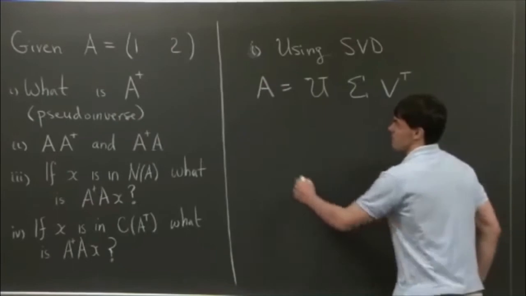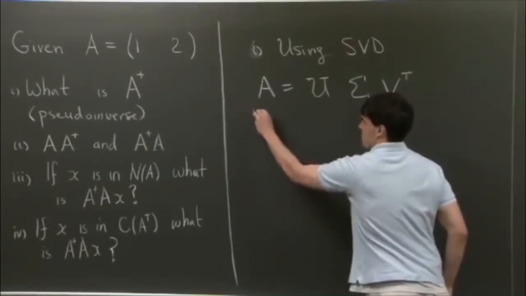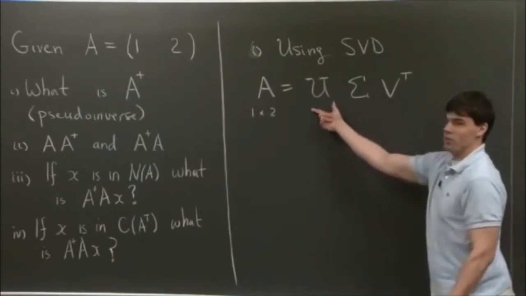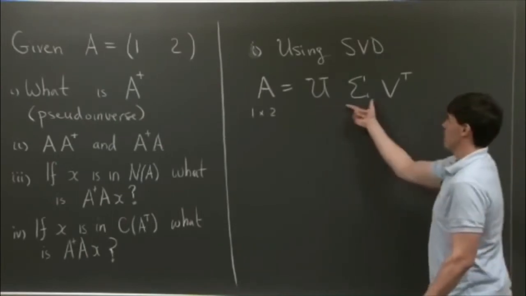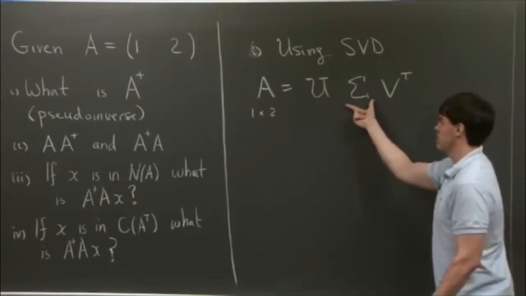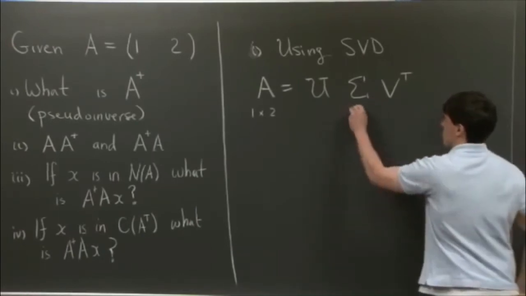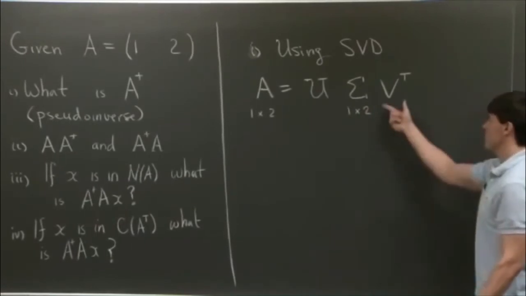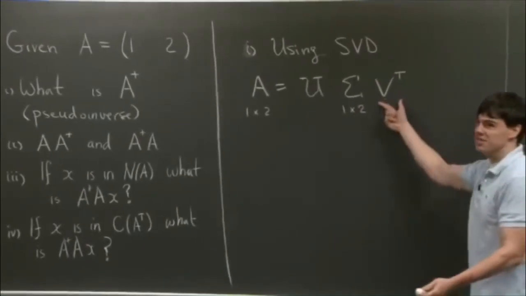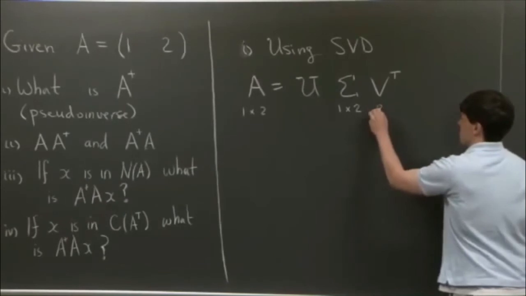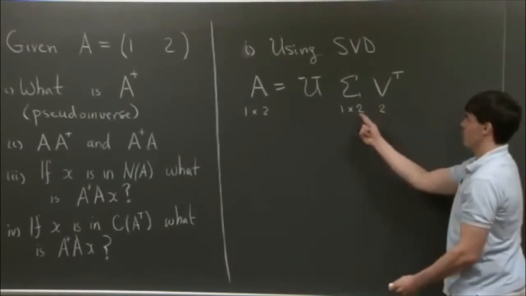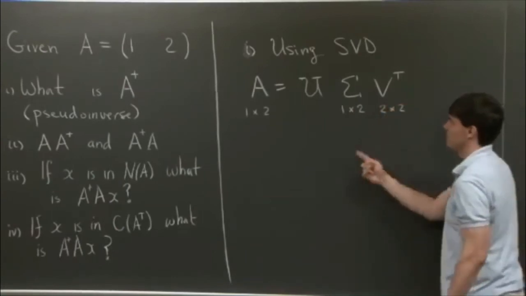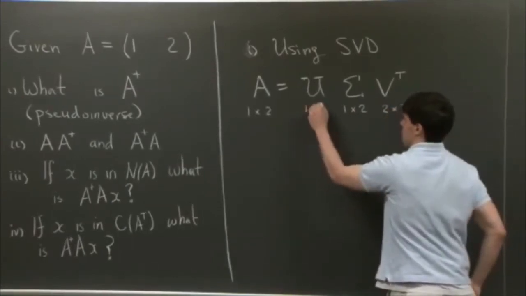We know that A is a 1 by 2 matrix. To figure out the dimensions, I usually start with the center matrix, sigma, which always has the same dimensions as A, so it's a 1 by 2 matrix. U and V are always square matrices. To make this multiplication work out, V needs to have 2, and because it's square, it has to be 2 by 2. Likewise, U has to be 1 by 1.